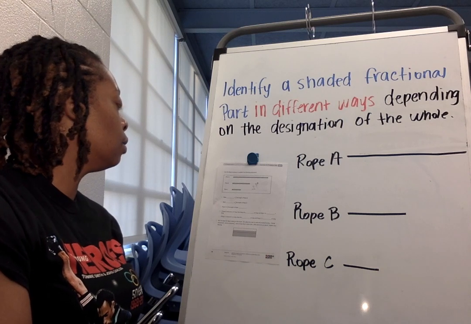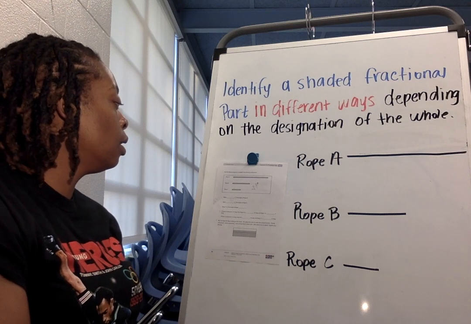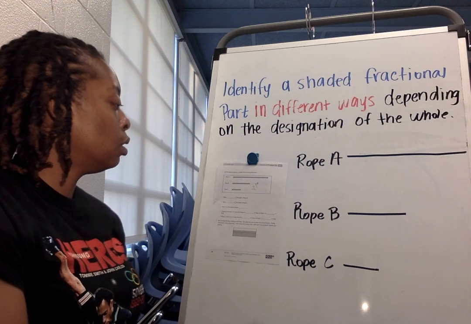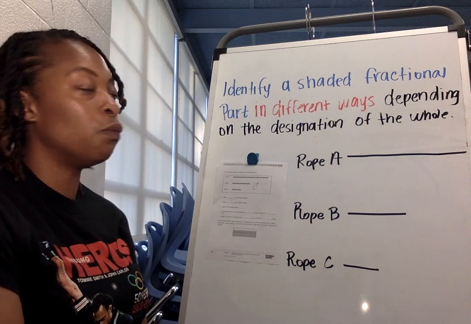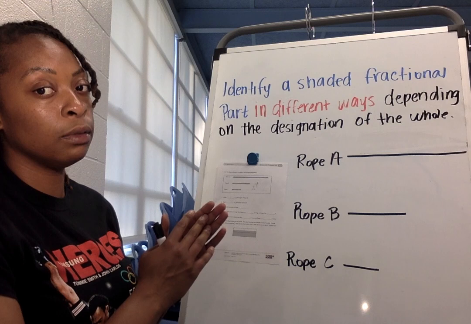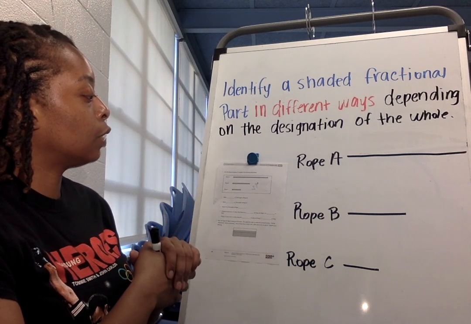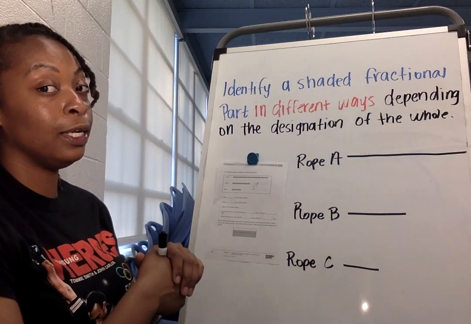Rope C, look, I'm on C. Rope C is 1/4 the length of rope blank. So rope C is 1/4 of which of these ropes? Which one is it 1/4 of? Okay. I want you to answer C independently as well.